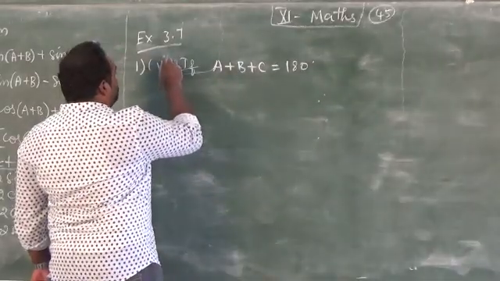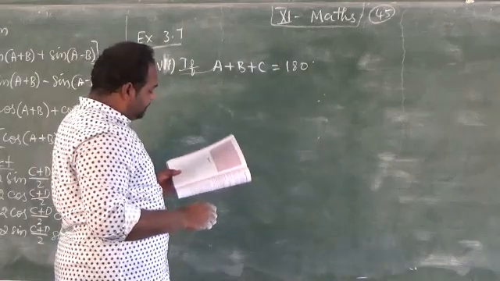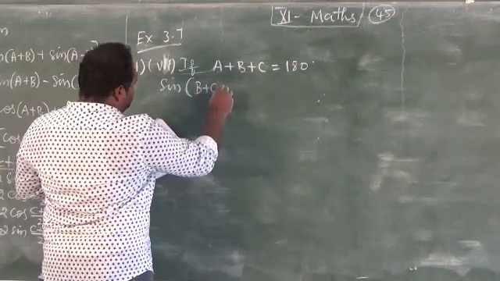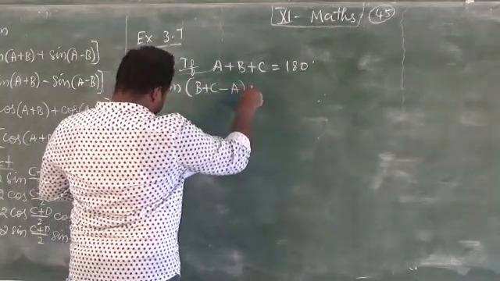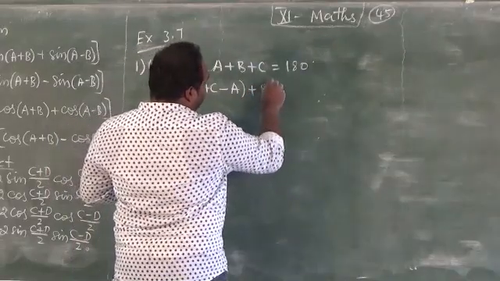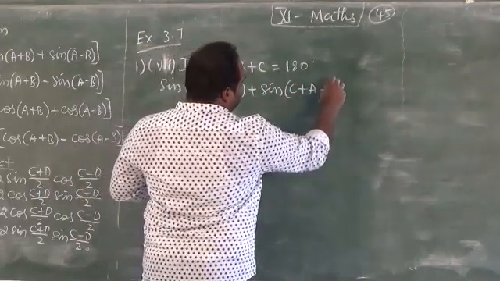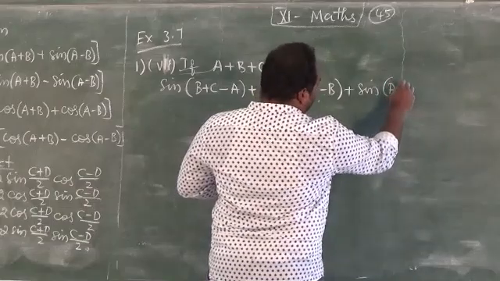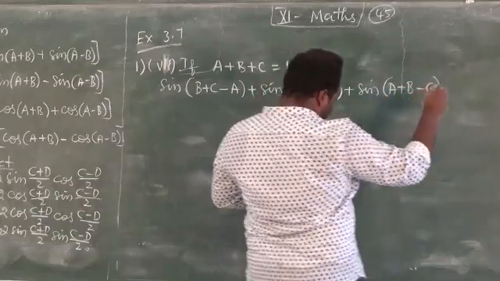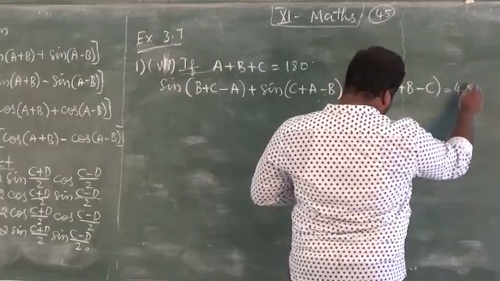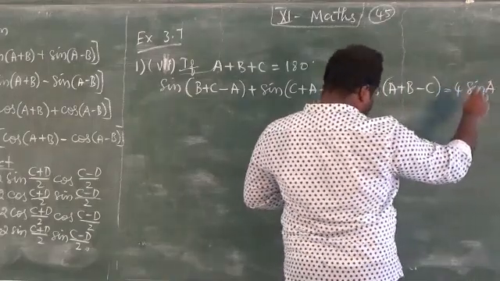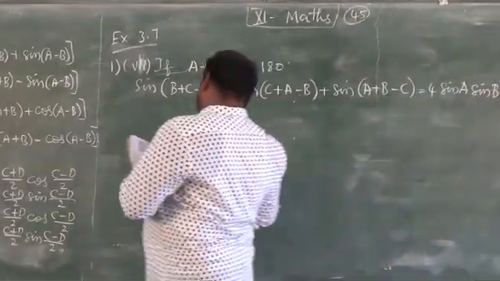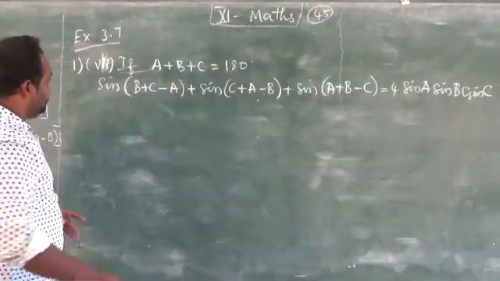Next problem, number 1, seventh subdivision: sin(b+c-a) plus sin(c+a-b) plus sin(a+b-c) equal to 4 sin A sin B sin C. So here I am going to take the LHS side.